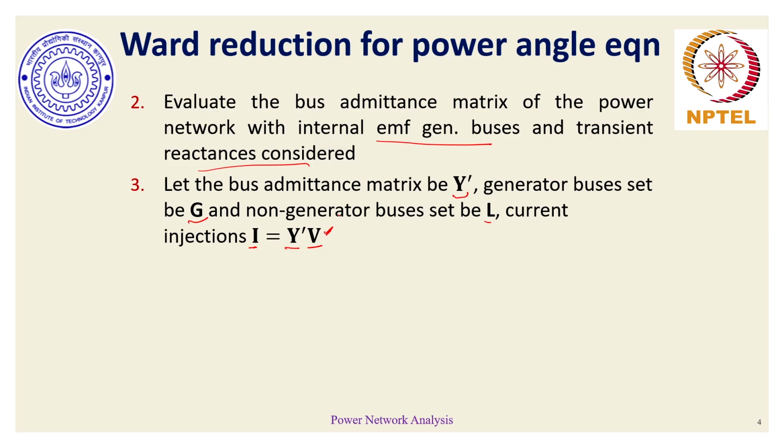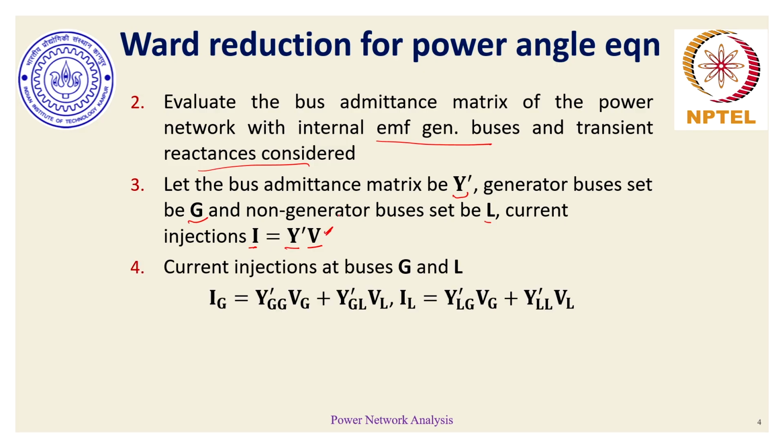So if we break up this equation in terms of current injections at buses G and L, where capital G indicates the buses where internal EMFs are present for synchronous machines, and L represents those buses where only loads are present whose dynamics are ignored and they are all modeled as constant impedance or admittance load, then we can break the corresponding current injection into two distinct equations, where the first equation is representing injection of currents at generator buses in terms of voltage at generator buses and voltage at load buses.